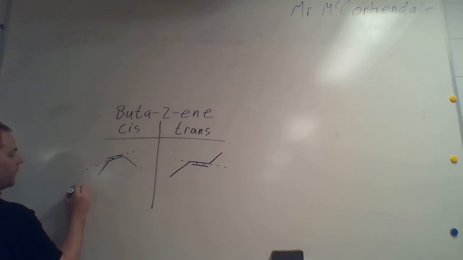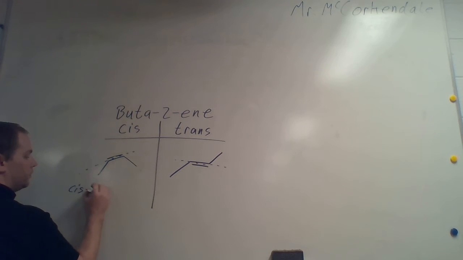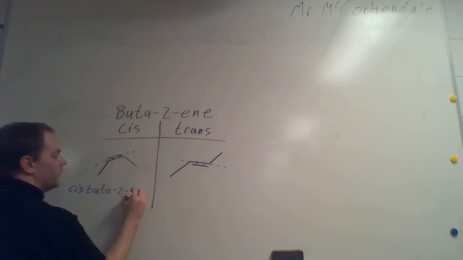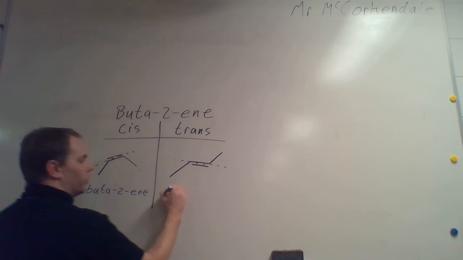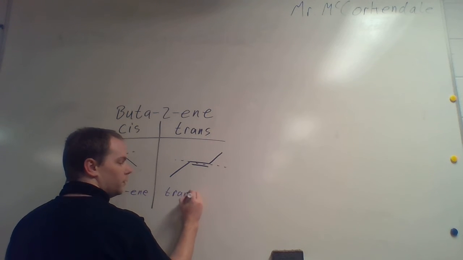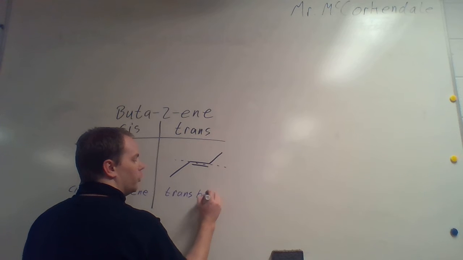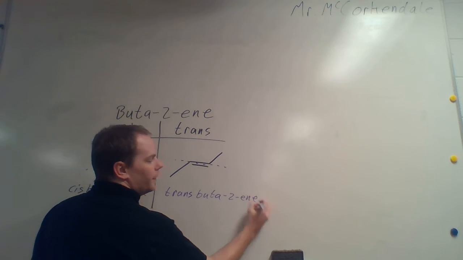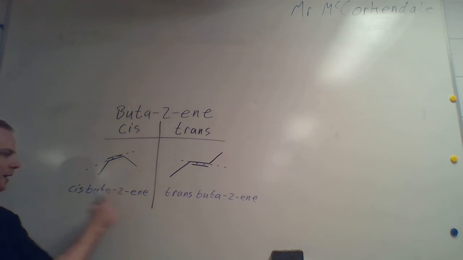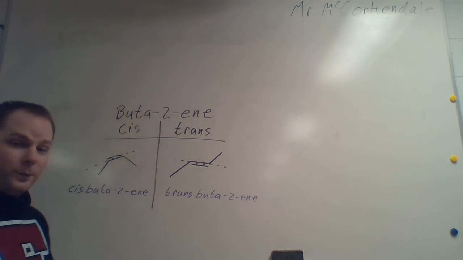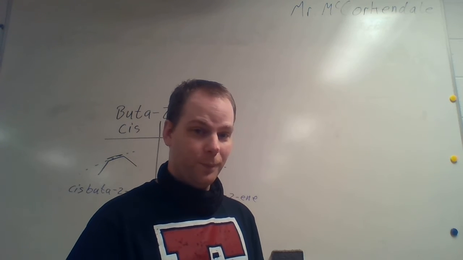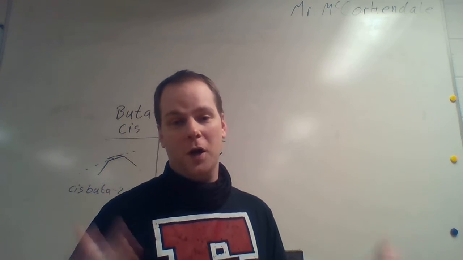So it would be cis butadiene or trans butadiene. Now, you might have noticed that I did not capitalize either of these words. That is because cis and trans are never capitalized.